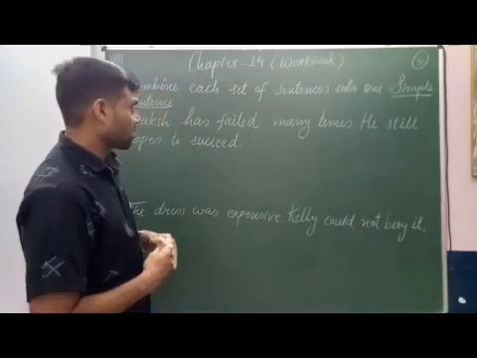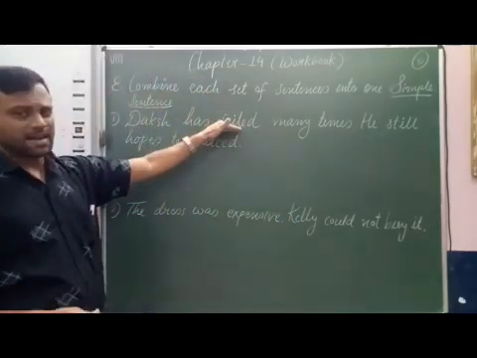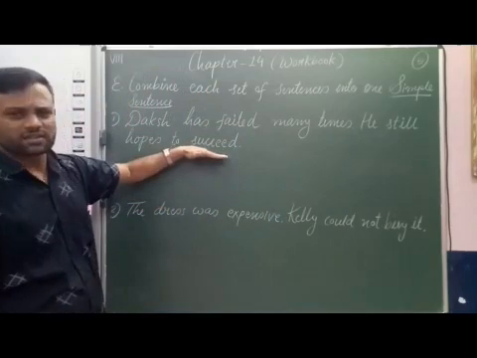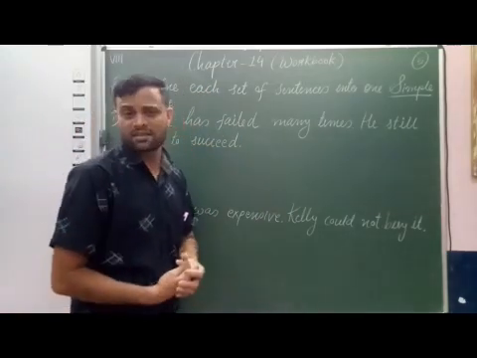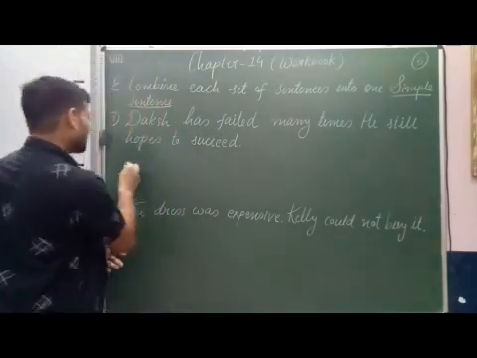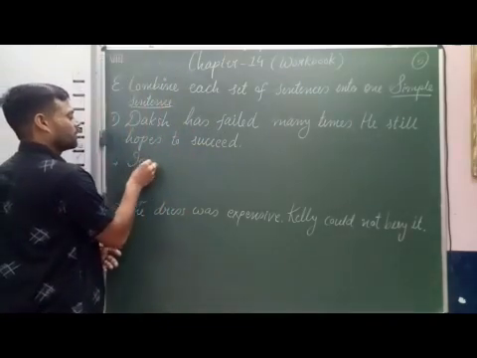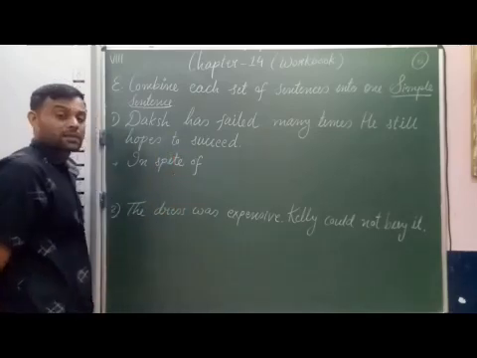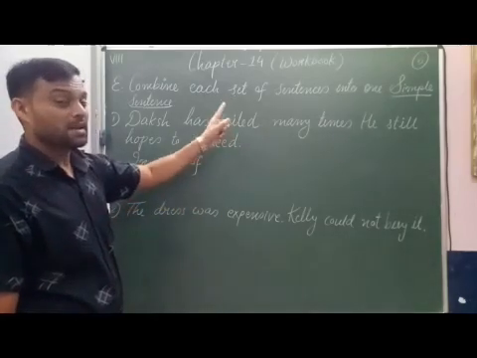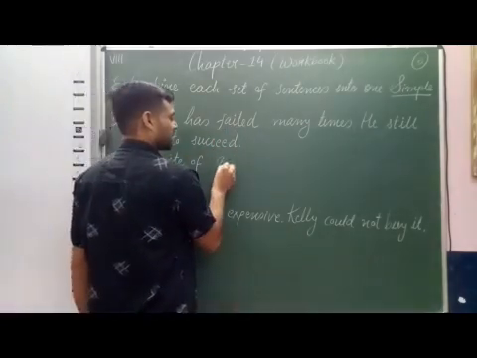Now see, Dux has failed many times, he still hopes to succeed. It shows contrast, or we can say concession. So we use in spite of. In spite of failing many times, see.